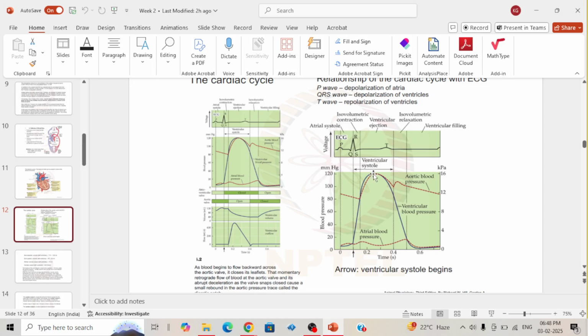Now the pressure inside the ventricle slowly starts decreasing. When it comes back to 80 mm of Hg, the semilunar valves close, as the blood pressure is decreasing inside the ventricle. Obviously the ventricle must come back to its relaxed state.